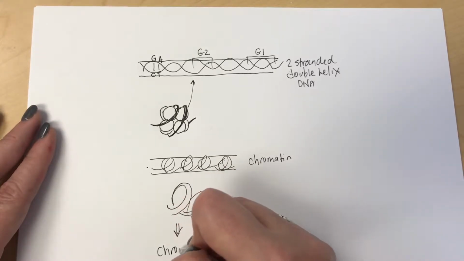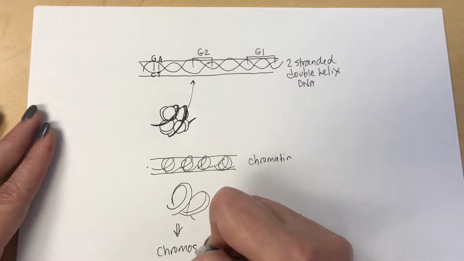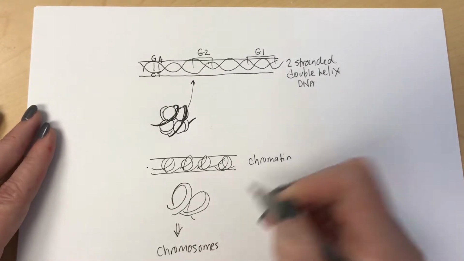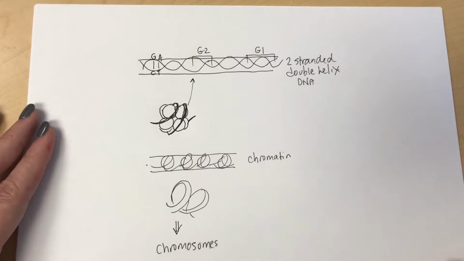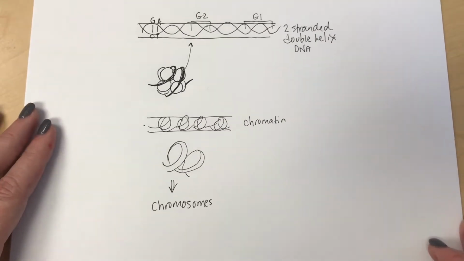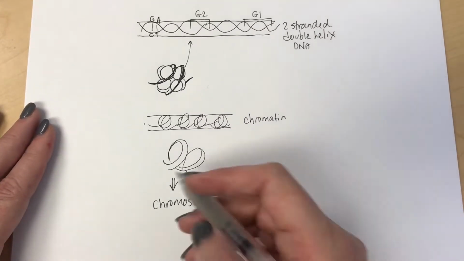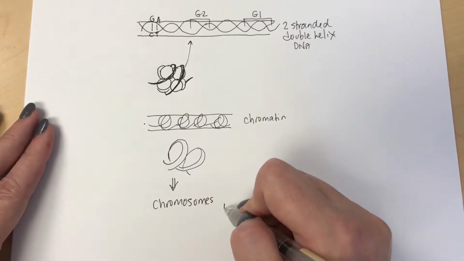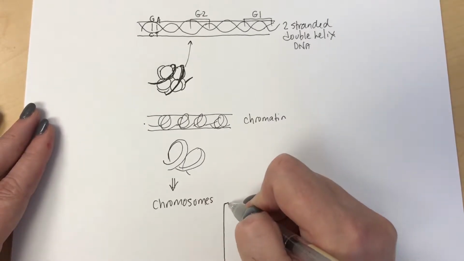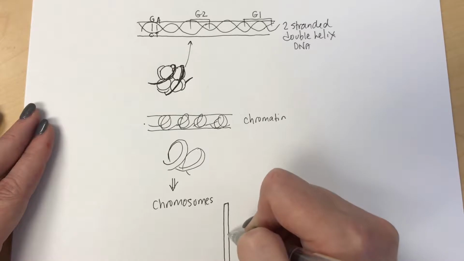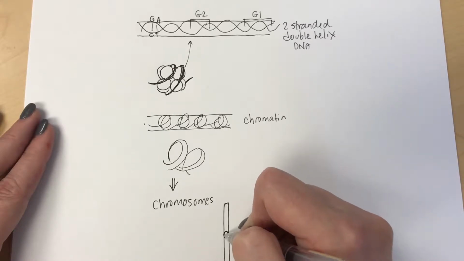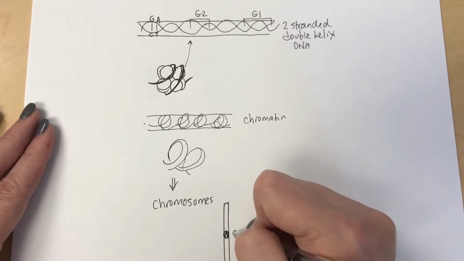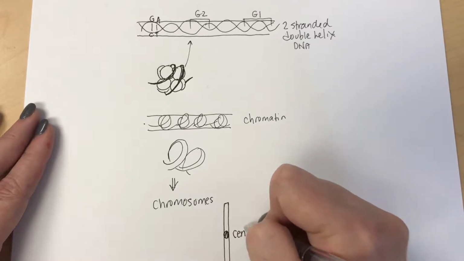And the way we will start talking about chromosomes, just to have a simple way to talk about them, the way I'm going to draw them is as just a line, right? And that line is going to have a structure at the center of it called the centromere.